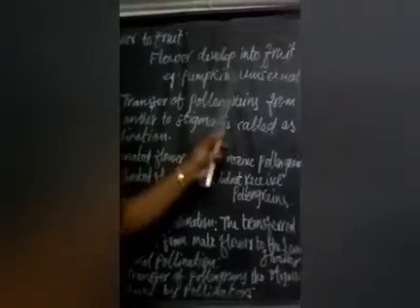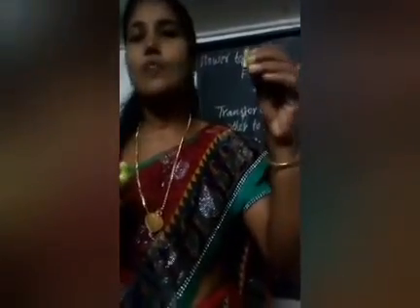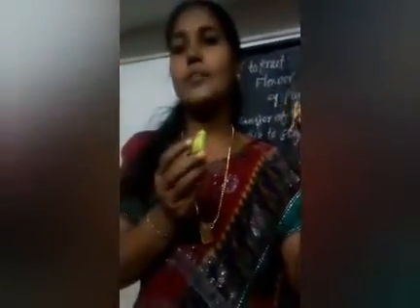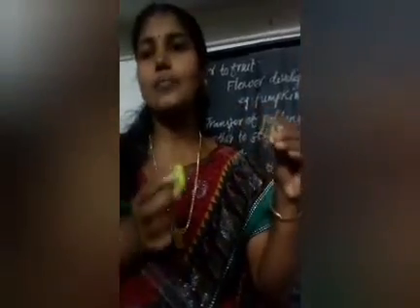Example, pumpkin and papaya, which are unisexual flowers. First the plant forms a flower, then it develops into a fruit.